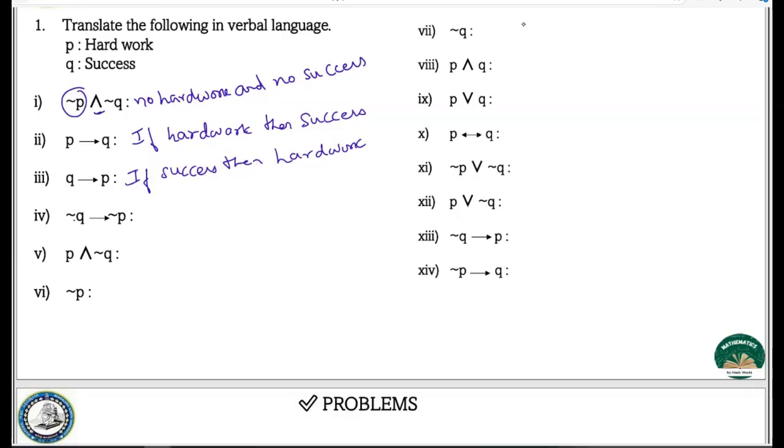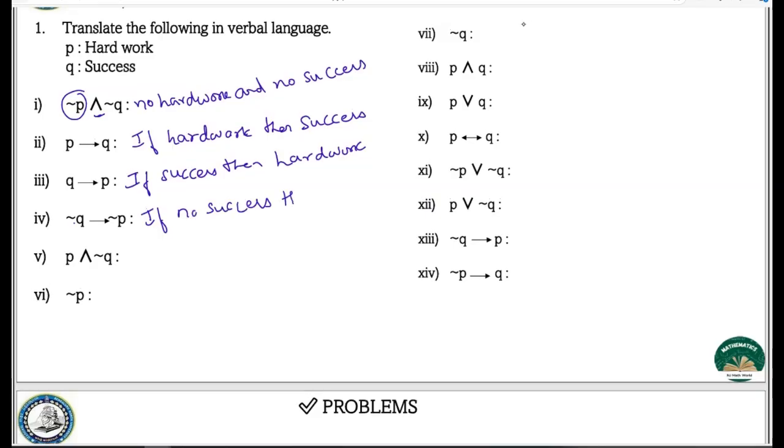Then negation PQ implies negation P: if no success, then no hard work. Then P and Q, negation Q: hard work and no success.